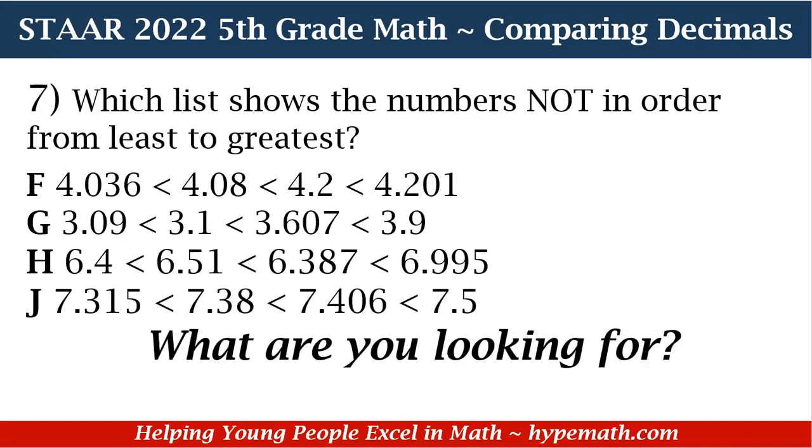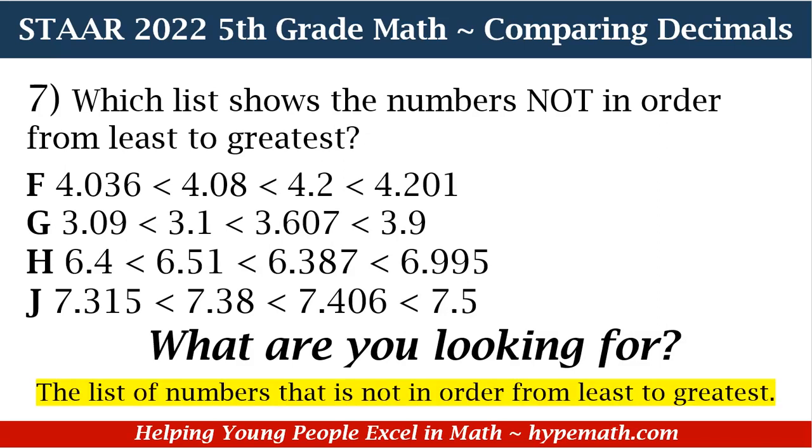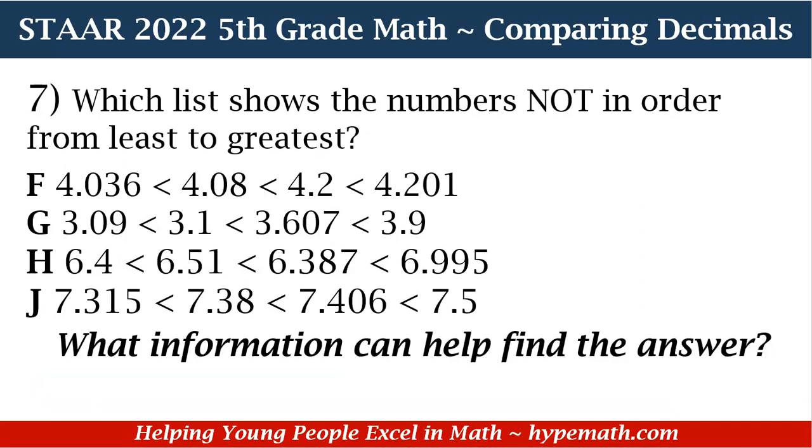So to solve this problem, our very important question we always need to ask first is, what are we looking for? We are looking for the list of numbers that is not in order from least to greatest. The second most important question is, what information can help find the answer?